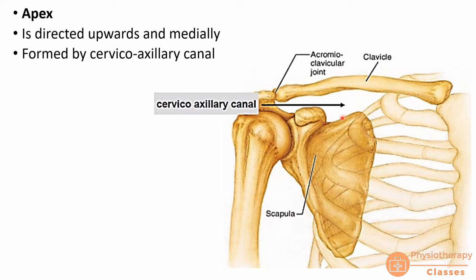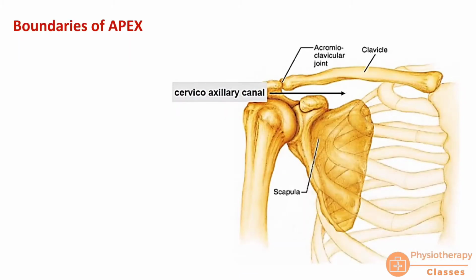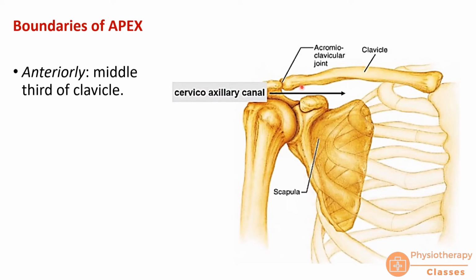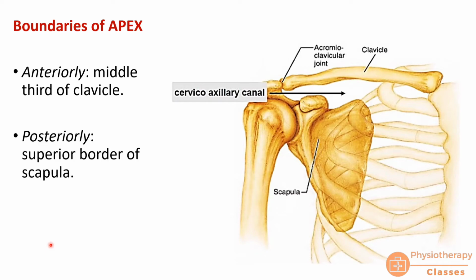Now the structures which bound this cervico-axillary canal: anteriorly we have the clavicle, especially the middle third of the clavicle. Posteriorly we have the superior or upper border of the scapula, and medially we have the outer border of the first rib.